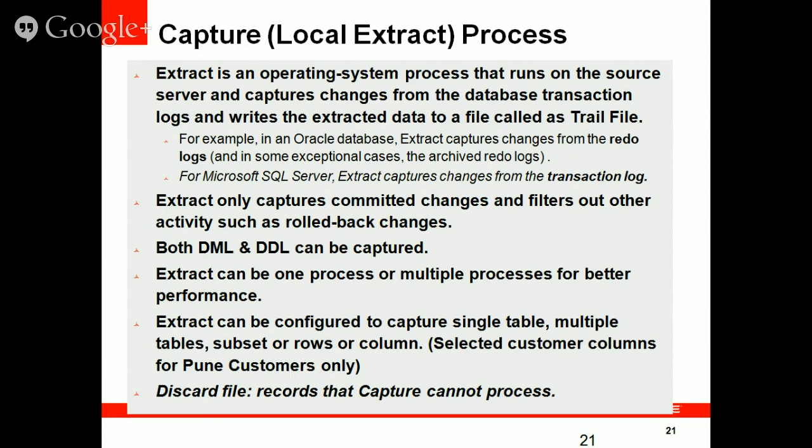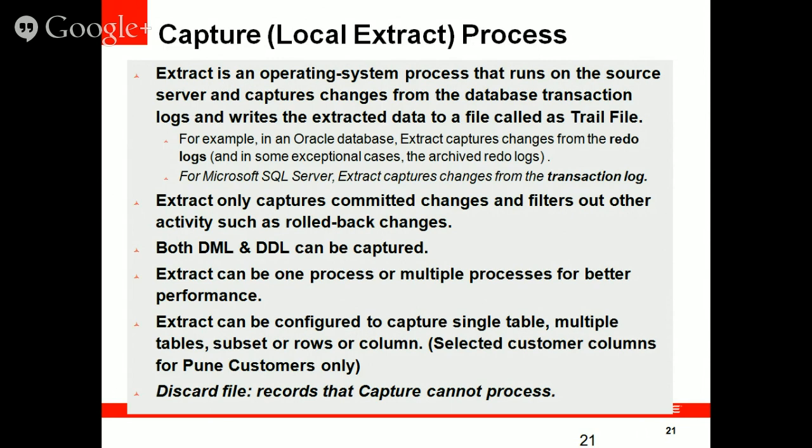You can configure multiple extract processes if required for better performance. Extract can be configured to capture a single table, multiple tables, or a subset of rows or columns. You can even use a discard file for records that extract cannot process.